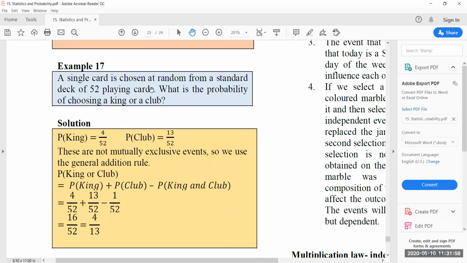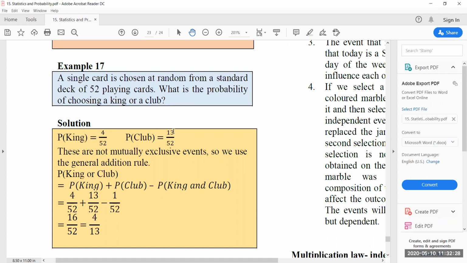A single card is chosen at random from a standard deck of 52 playing cards. What is the probability of choosing a king or a club? Now remember, there is a king of clubs. So this is not something that is impossible, right? It is possible. So P of the king will be 4 out of 52. So we can choose 4 for the kings out of the 52 cards. And how many times will we be choosing a club?